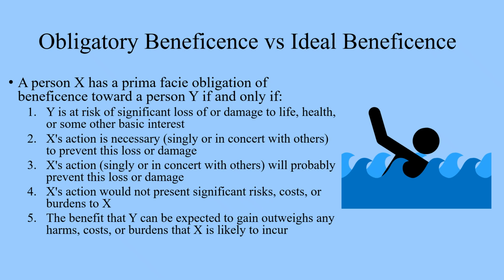It's shown that the cousin is going to be a match, but then the cousin pulls out from donating their bone marrow. And the person who has the disease, the aplastic anemia, tries to sue to compel their cousin to donate their bone marrow.